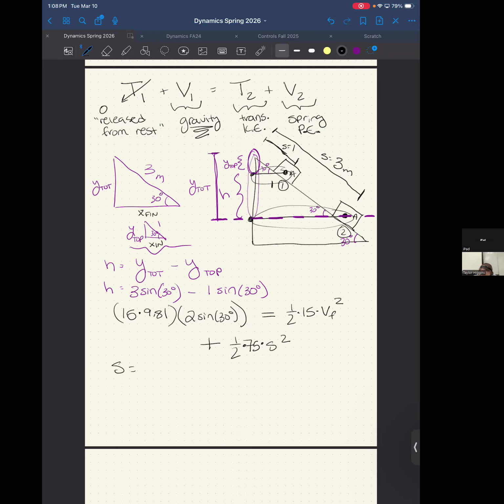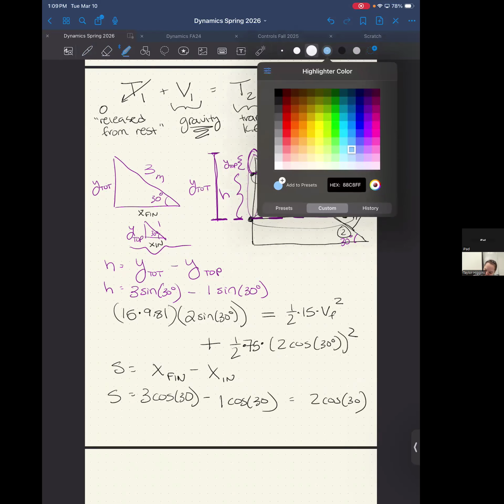So stretch equals, so that would be 3 cosine 30 minus 1 cosine 30 equals s. So I should just get 2 cosine 30. Okay, and I'll plug that in for my stretch. Stretch is squared. Okay.